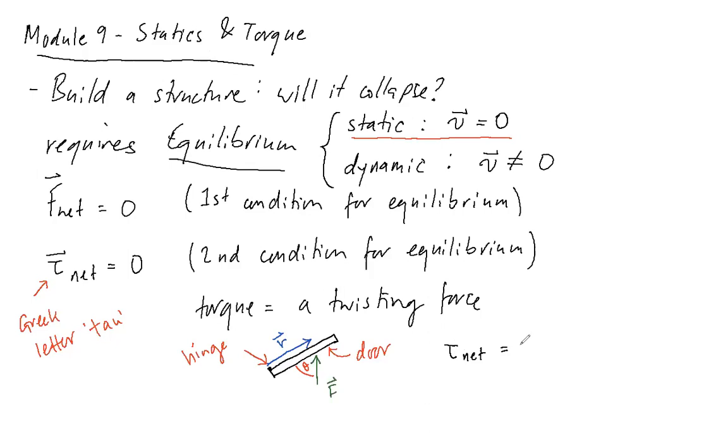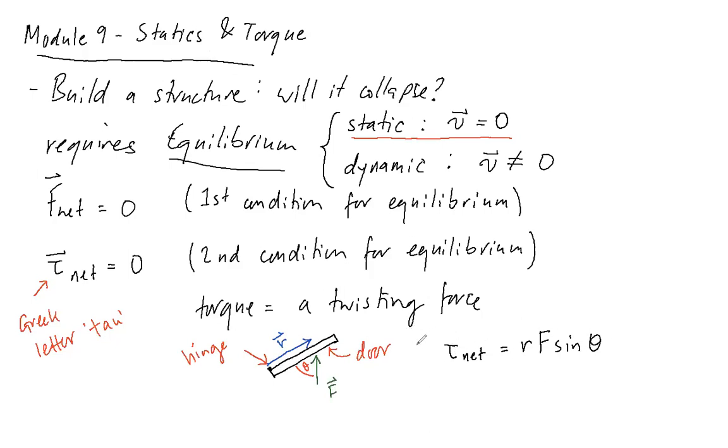That's the length of this vector, the distance from the pivot point where the force is applied, multiplied by the magnitude of the force, and then multiplied by the sine of the angle between these two vectors. This is how you define it.